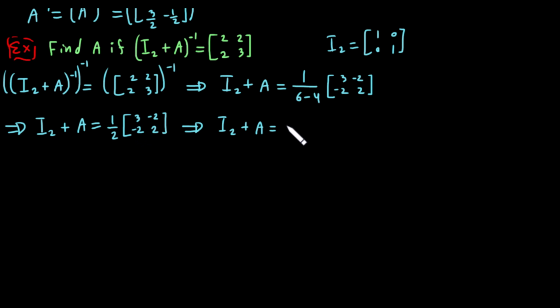Half multiplied by 3 is 3 over 2. Half multiplied by -2 is -1, because positive with negative is negative. Half multiplied by 2 is 1. The same thing here, positive with negative, negative. Half multiplied by 2 is 1, and half multiplied by 2 is 1 here.